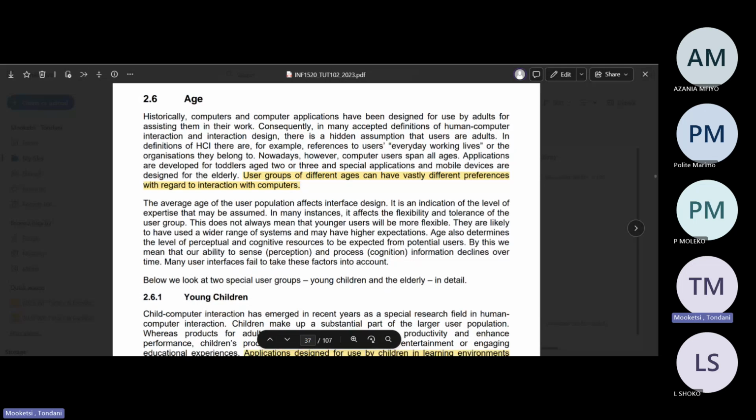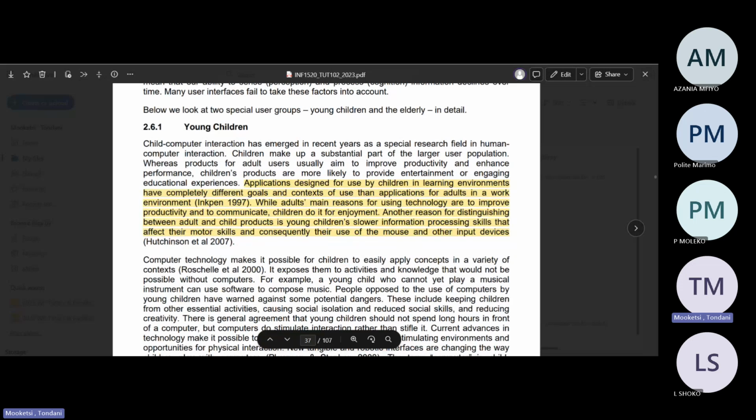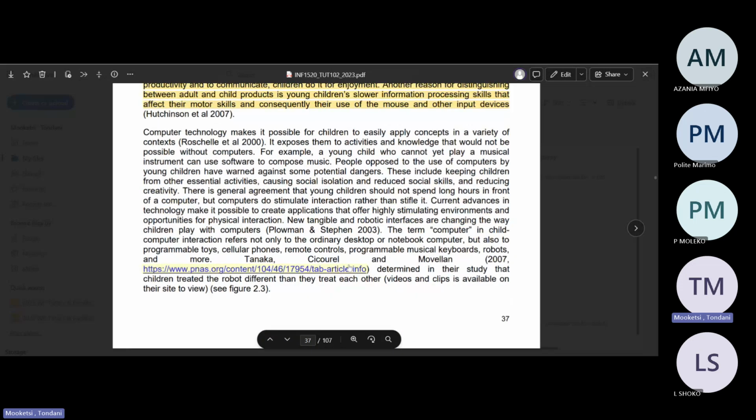Age, this one is important to understand how users of different ages have different preferences in how they interact with computers. So, for example, young children versus the elderly people.